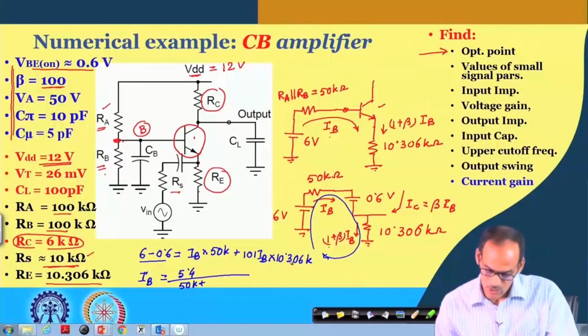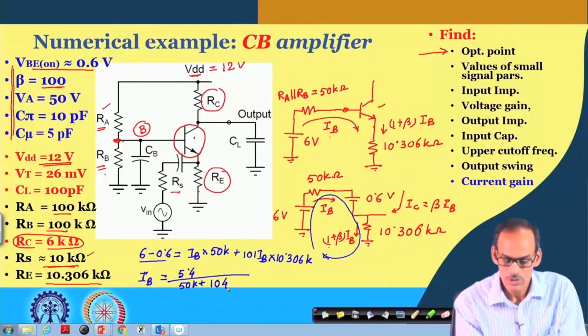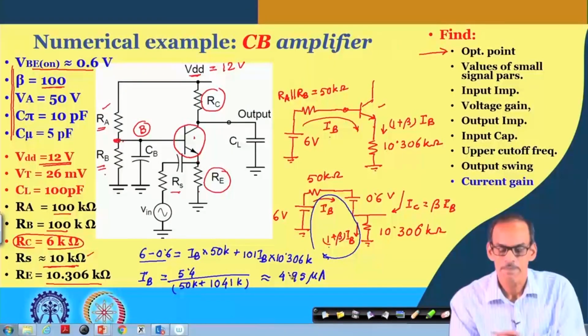I think I do have some calculation on that. So, roughly you can say that this is 1041 K, and that gives us close to 4.95 microampere of base current.